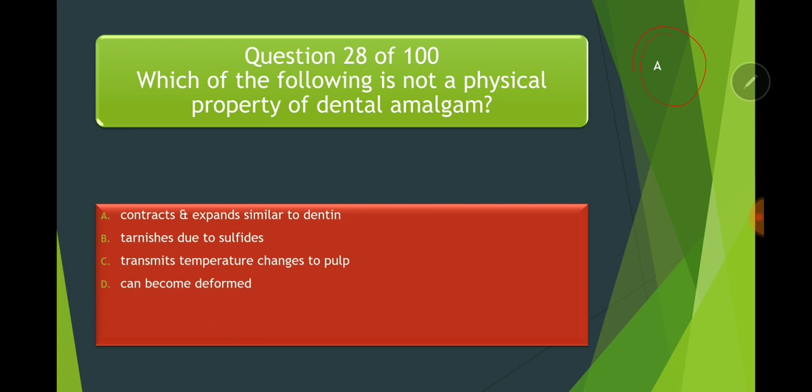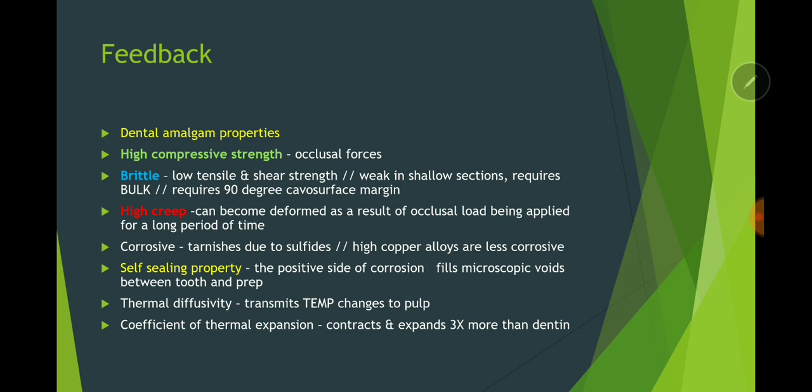Okay, so all right, so here the feedback of dental amalgam properties, make sure you know them well. Amalgam has high compressive strength, okay, to resist occlusal forces. However, amalgam is brittle, so it has low tensile and shear strength.